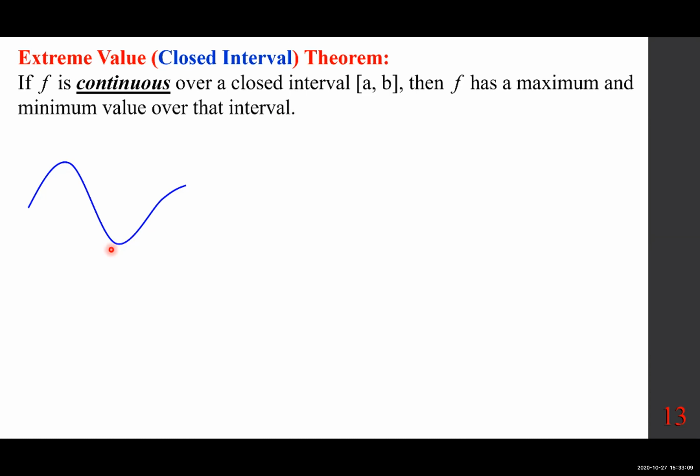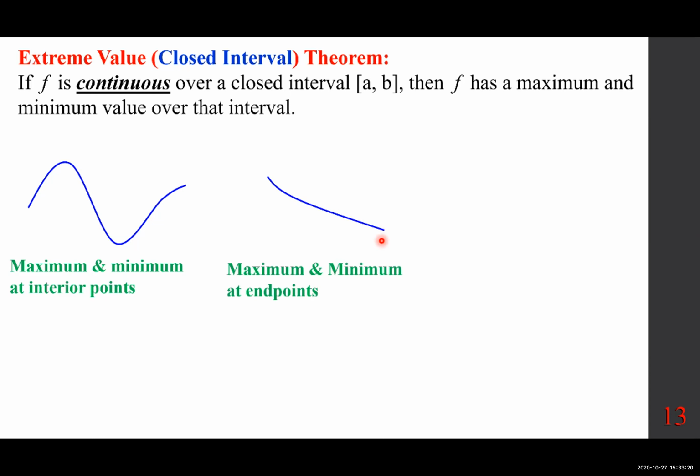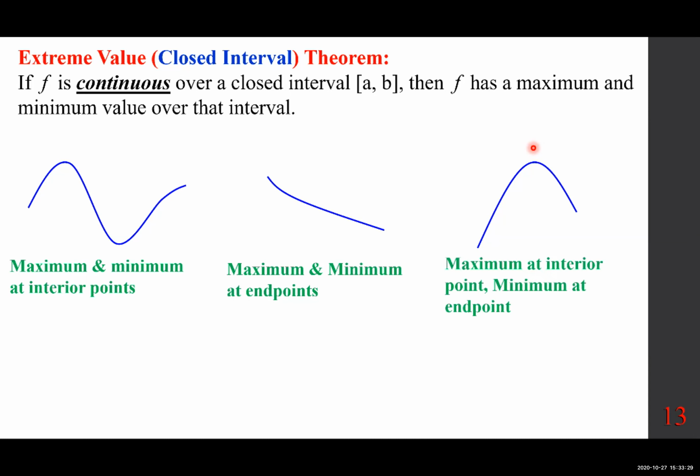It happens in the interior. Absolute max, absolute min, the endpoints. Absolute min, absolute max. So one is in the interior, one is the endpoint. So I hope everybody is comfortable with this.